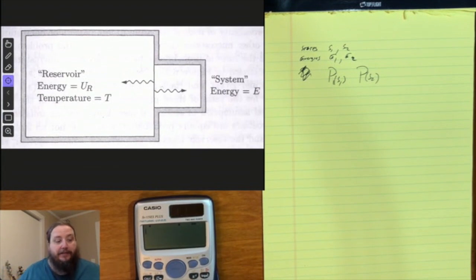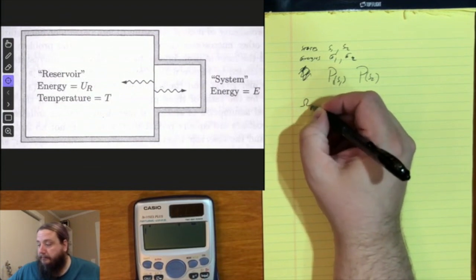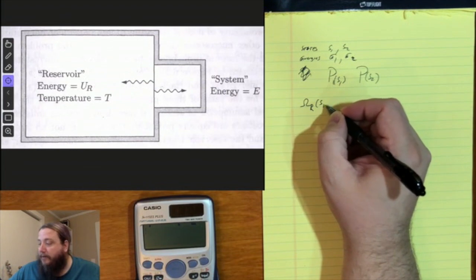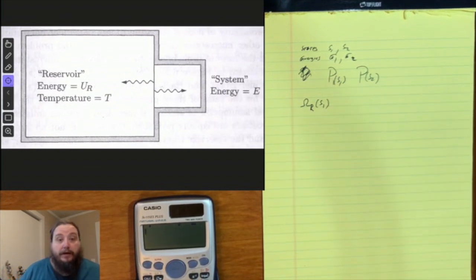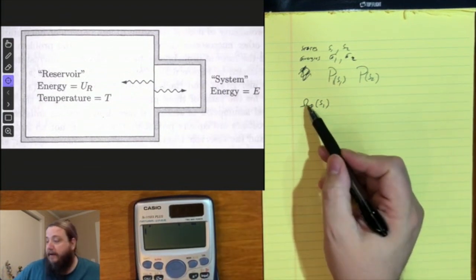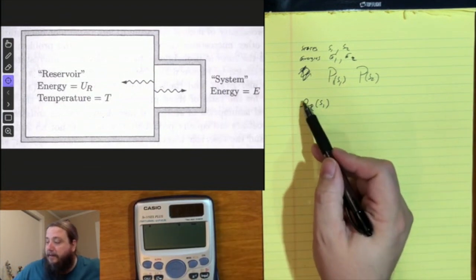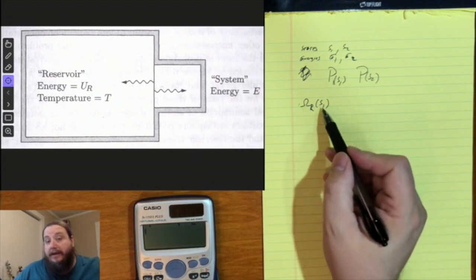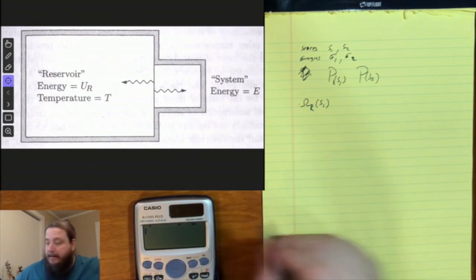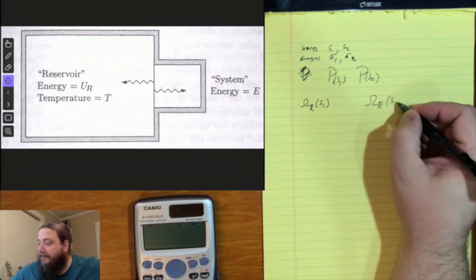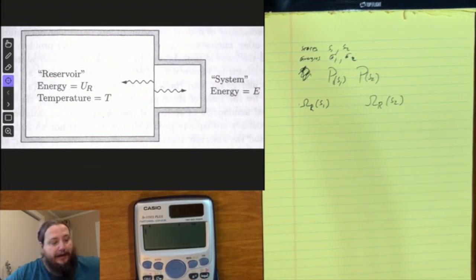So we could talk about the multiplicity of the reservoir when our system is in state 1, and we would call that omega r state 1. So this is the multiplicity of the reservoir when the atom is in state 1, and similarly the multiplicity of the reservoir when the atom is in state 2 we could label like so.